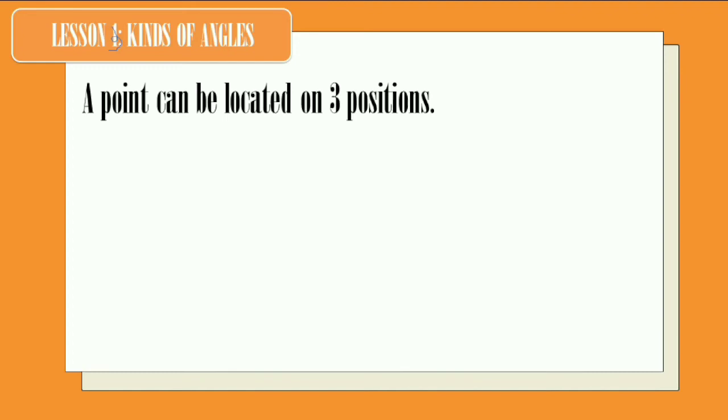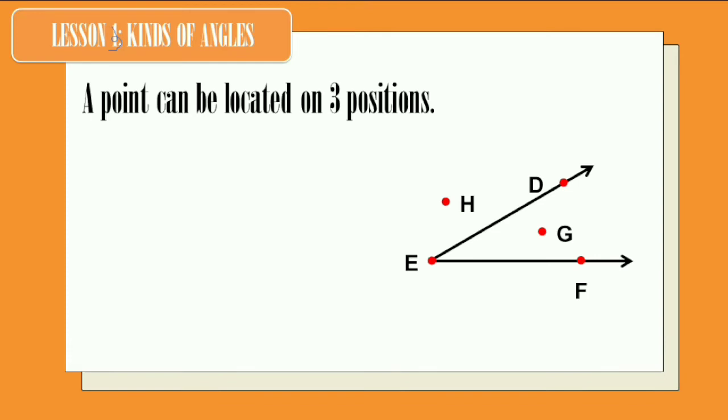Again ha, this is lesson 3. A point can be located on 3 positions. Pag may given tayong angle, may 3 positions tayo ng point. Example, ito yung ating angle. Anong name ng angle natin?